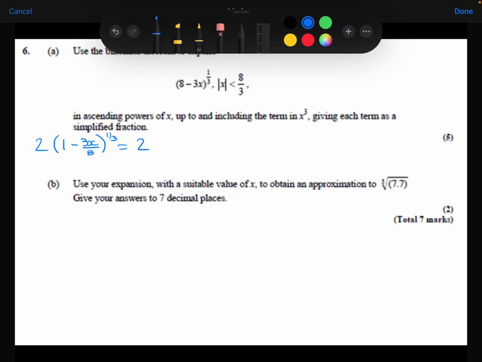Right, let's now use the binomial theorem to expand the inside. So our n is 1/3, our x is minus 3x over 8. So we'll have 1 plus n times x.